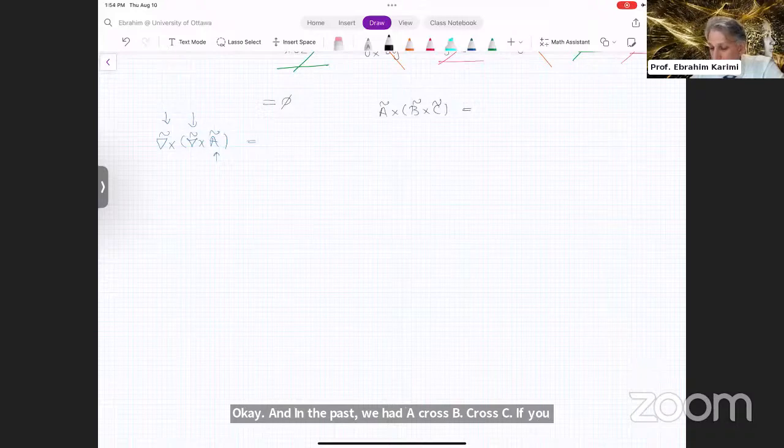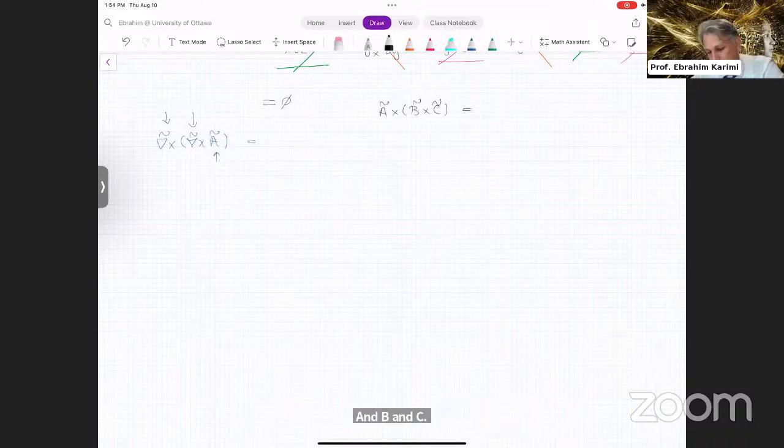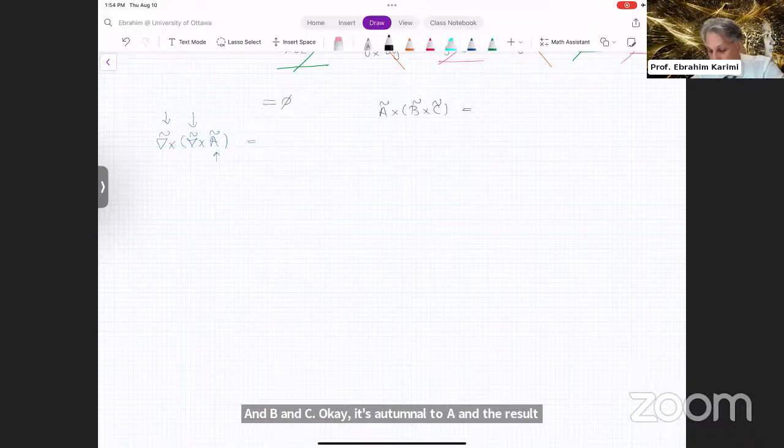Here we say that B cross C will be a vector orthogonal to B and C, and A cross that will be another vector which is orthogonal to A and to the result of B cross C, which means that it will be in the plane of B and C. Then we use the BAC-CAB rule, which was B (A dot C) minus C (A dot B).